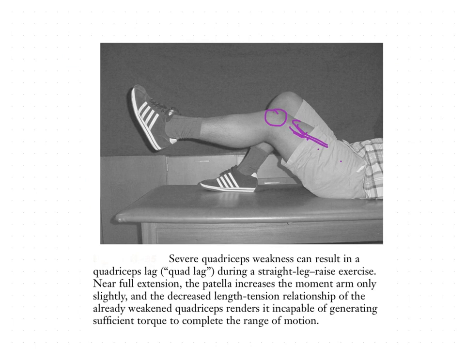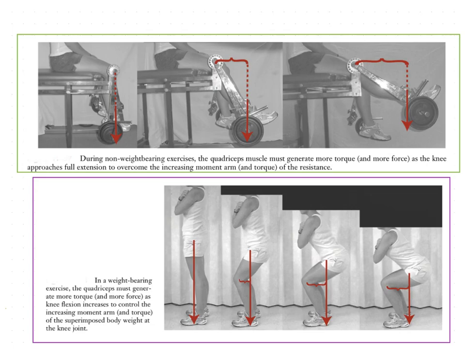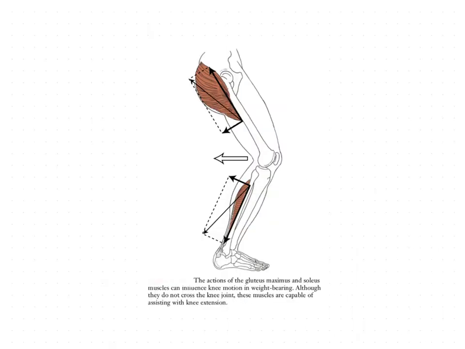And also during weight bearing activities, the quadriceps activity in knee extension is influenced by a number of other factors. Okay, so you can see here muscles such as soleus and gluteus maximus. The gluteus maximus and soleus muscle are capable of assisting the knee joint extension here during weight bearing activities.